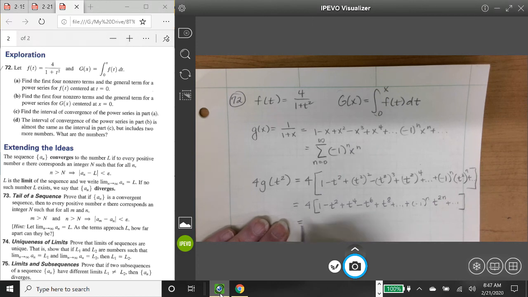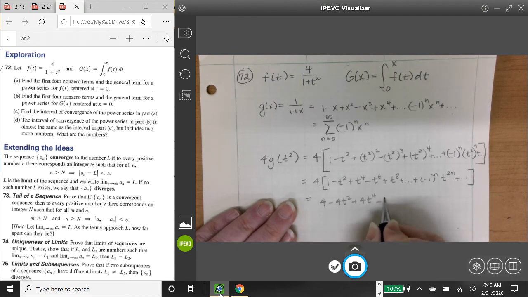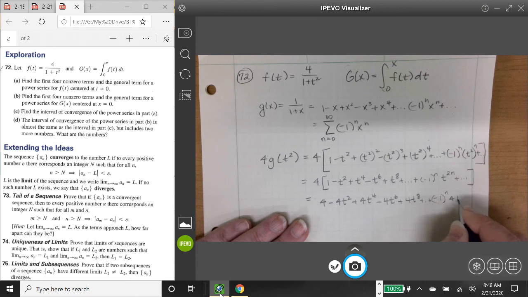And then if we multiply the 4 in, we get 4 minus 4t squared plus 4t to the 4th minus 4t to the 6th plus 4t to the 8th plus dot, dot, dot, negative 1 to the n, 4t to the 2n plus dot, dot, dot.